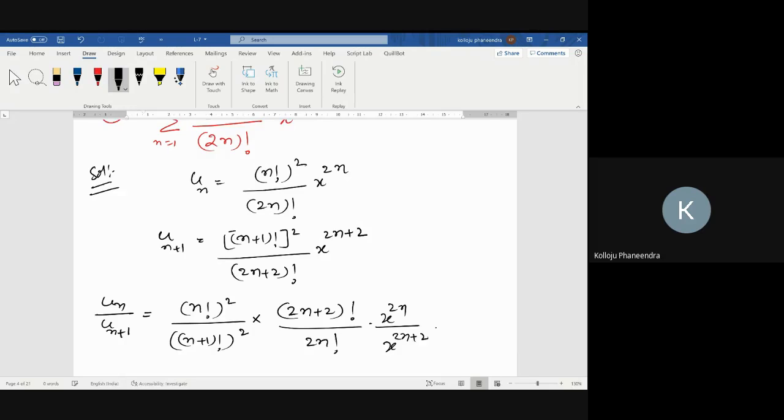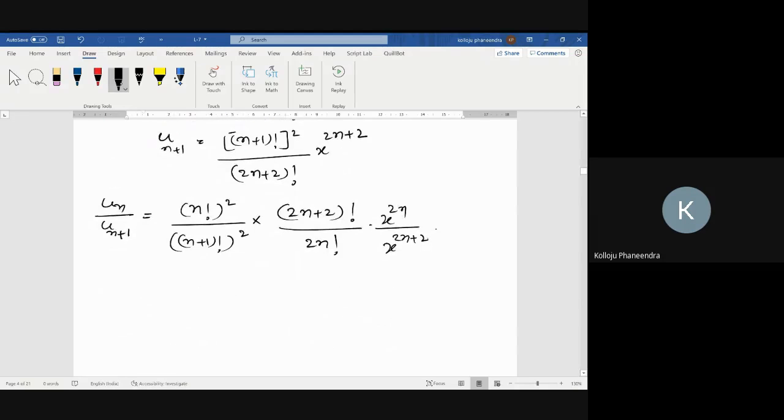So first, this is n factorial by n factorial into n plus 1, this whole square, I can write, right? Into, I can write this as 2n factorial into 2n plus 1 into 2n plus 2, correct? Okay. And this is 2n factorial.